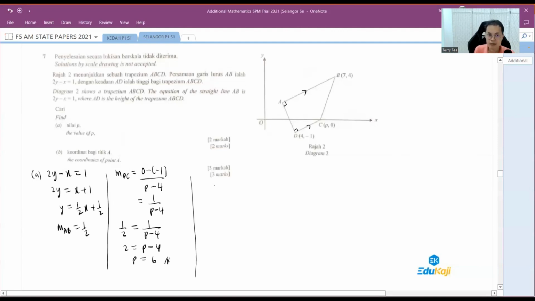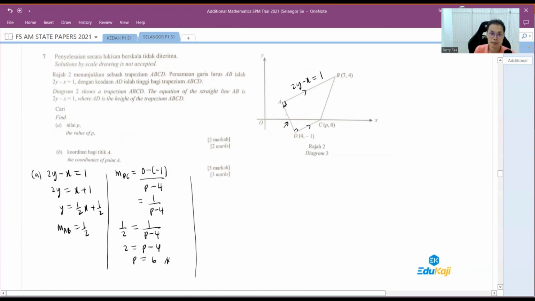Now next, how do you find coordinate point A? Before that, we know the equation 2y minus x equals 1, but I do not know the equation of AD. To find the equation of AD, I must first find the gradient. We know AB and AD are perpendicular.